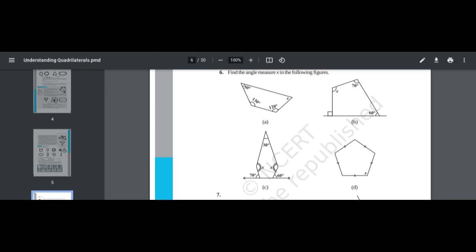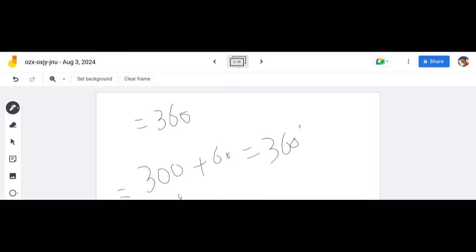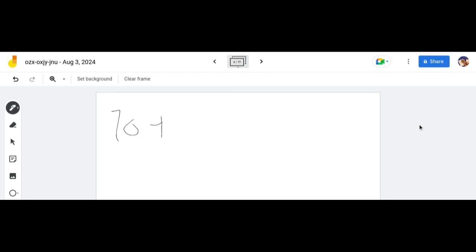On the next picture, we have 60, 70, and 90. When we add 70, 60, and 90, the answer is 220. We have to find the next angle, which is x. What will be the remaining amount? This is the angle which is given.